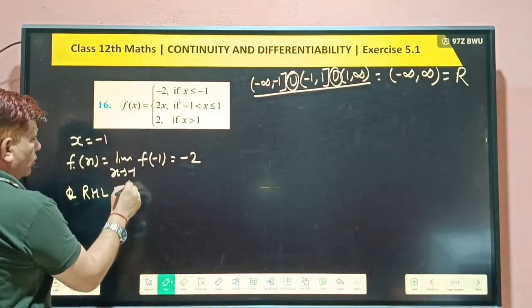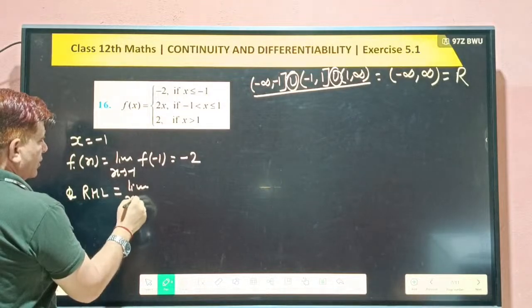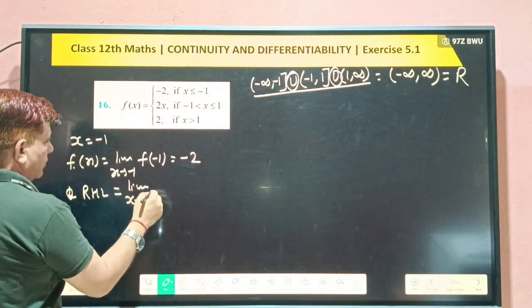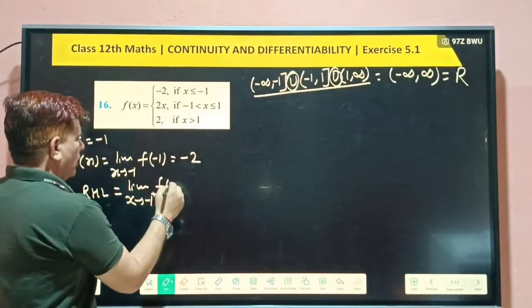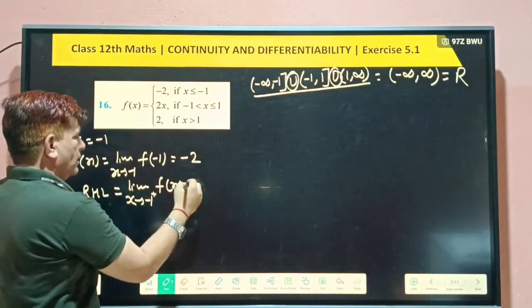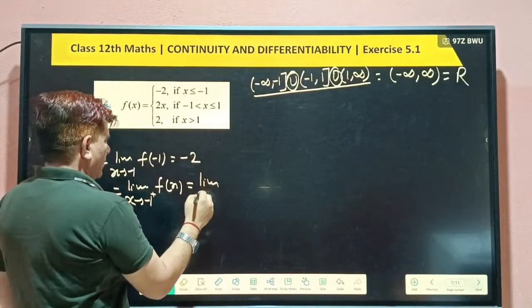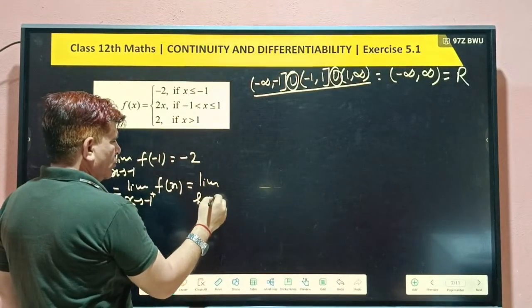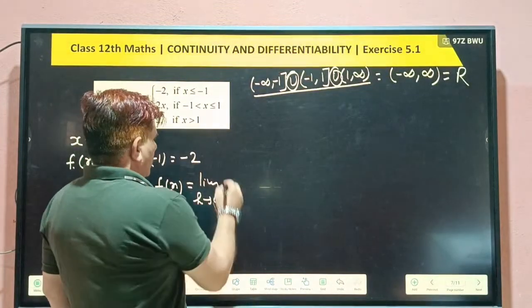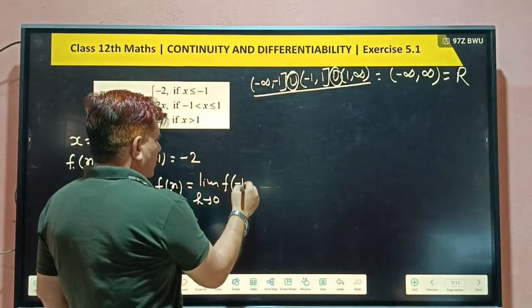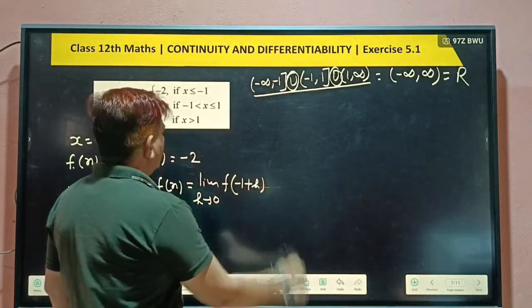RHL equals the limit as x tends to minus 1 plus of f of x, which equals the limit as h tends to 0 of f of minus 1 plus h.